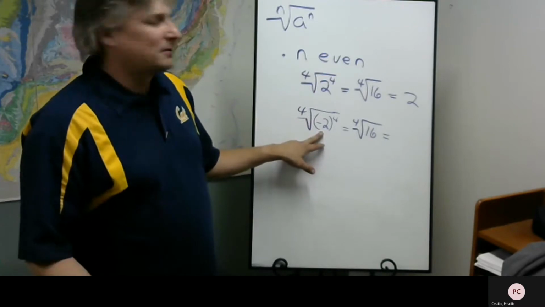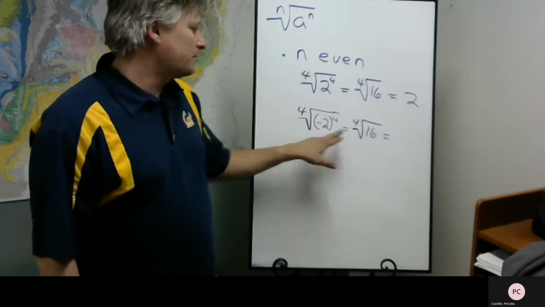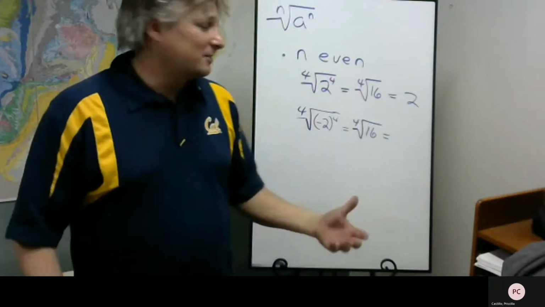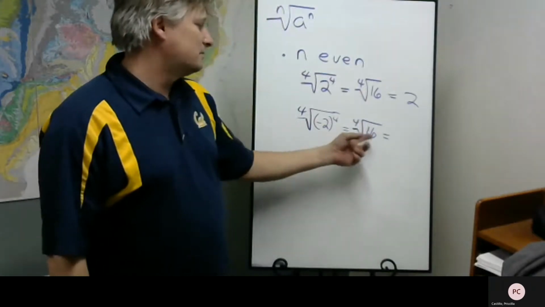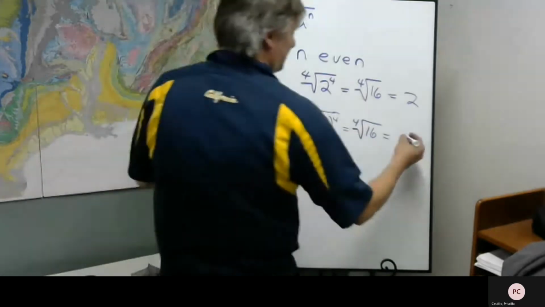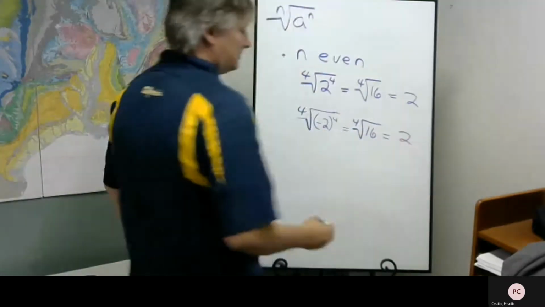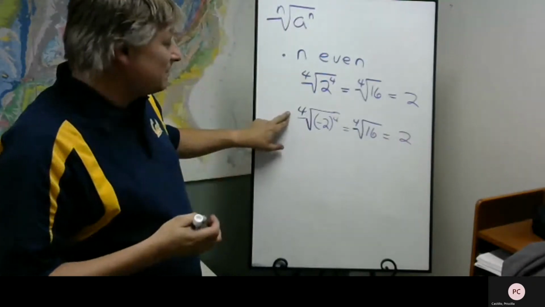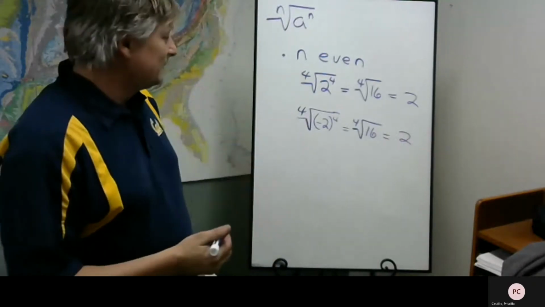Now, how can you do that? Well, negative 2 to the 4 becomes 16. So now what you're asking for is the positive root of 16. We do know what that is. For the fourth root, it's going to still be 2.